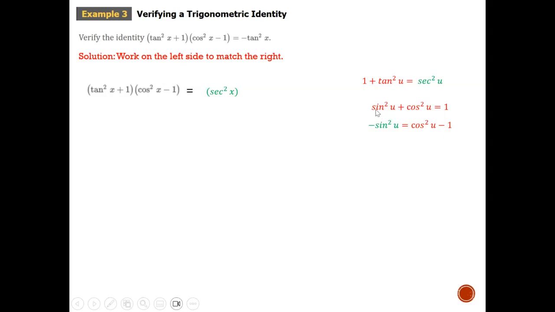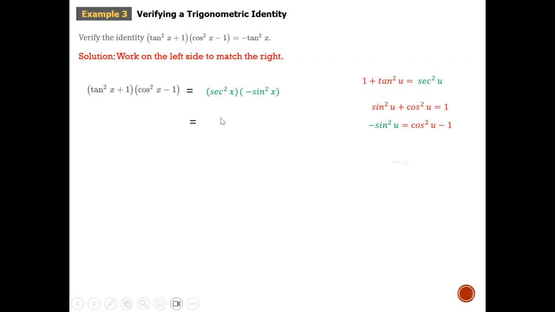I think that'll be easier. That'll be negative, and that'll be negative. Now you send the cosine to the right side, and it's going to become positive. So we have negative sine squared u equals cosine squared u minus 1. So the cosine squared x minus 1 will be replaced by negative sine squared x.